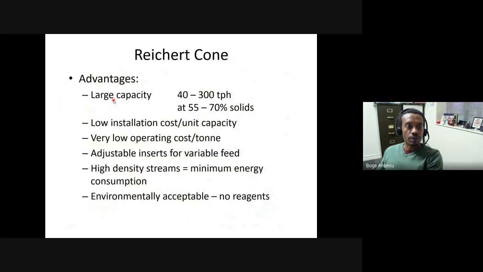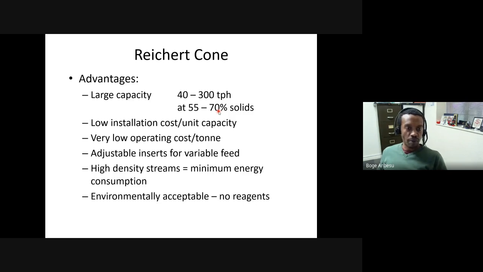And concentration can proceed reasonably well. There are some advantages of using a Reichert cone. For example, they could operate at a higher capacity compared to many gravity separators, and they can handle very dense percent solids as well, so up to 70% solids feed material.